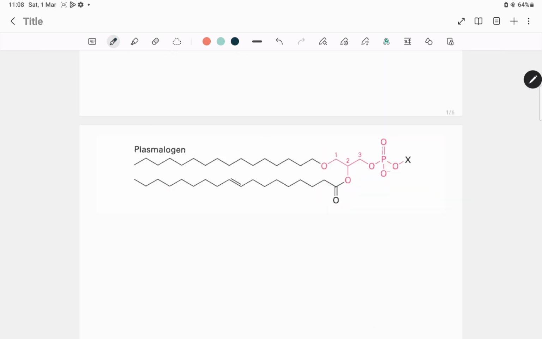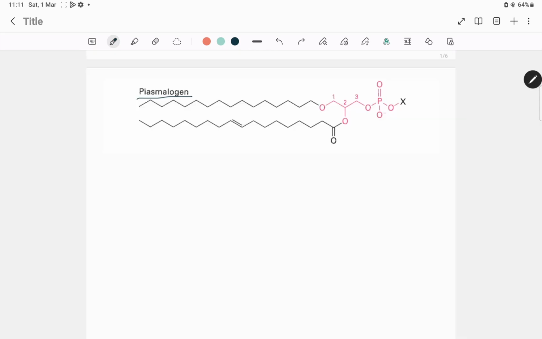Now we will discuss another phosphoglyceride called plasmalogen. Plasmalogen has two fatty acyl chains. This is a fatty acyl chain and this is a fatty acyl chain.